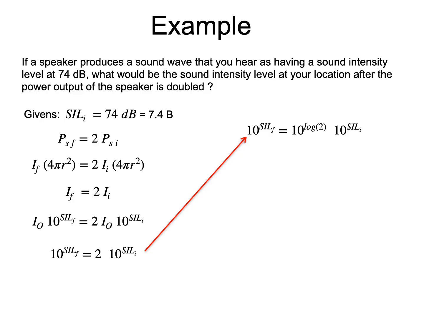Next, I use the law of exponents, where the product of powers of the same base equals that base to the power of the sum of the exponents. Now, equating the exponent on the left-hand side to the exponent on the right-hand side of the equation gives this.